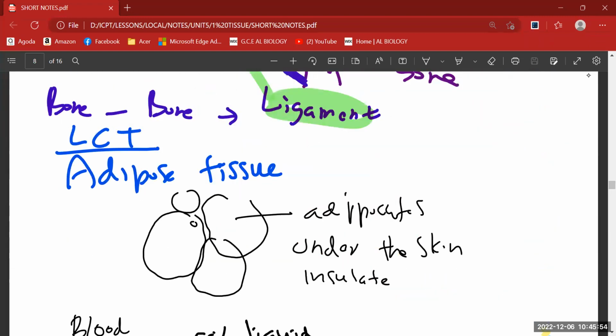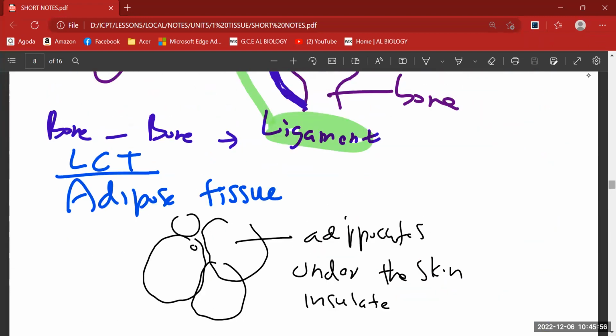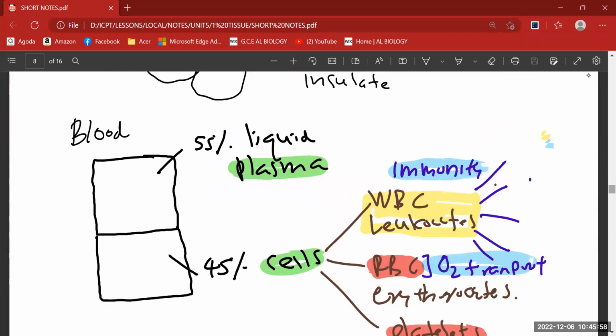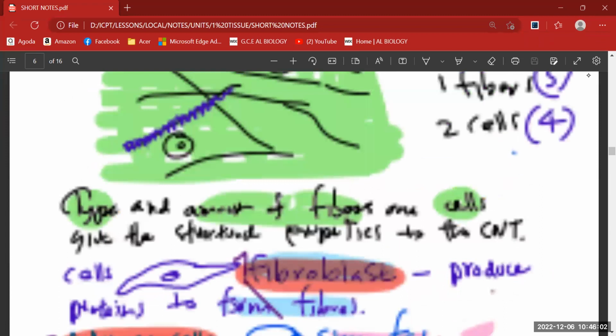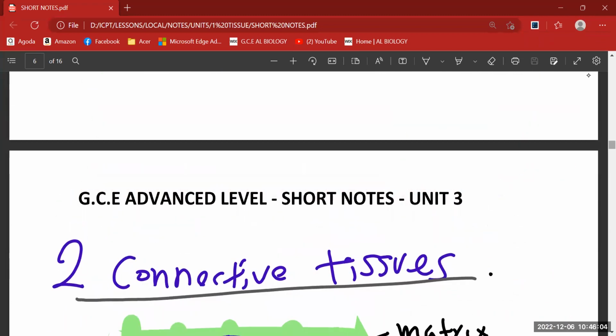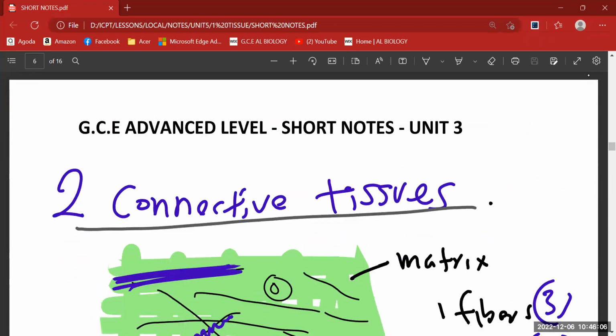Okay, what we learn under these connective tissues, which connect another tissue. So the idea of connective tissues is one tissue can connect with another tissue.